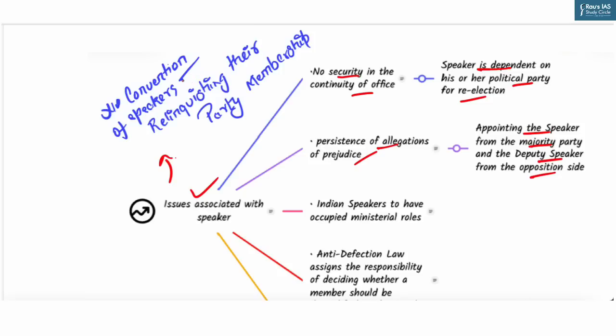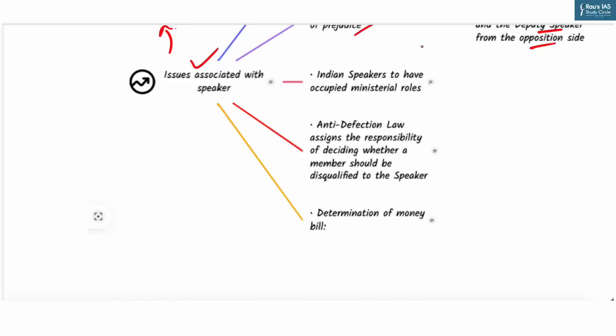Another issue is that there is no convention of Speakers relinquishing their party membership, and hence they are often perceived as being partisan. Next, it is common for Indian Speakers to have occupied ministerial roles shortly before or after their term. As a result, even if there is no evidence to substantiate such allegations, it is not unexpected for Speakers in India to be accused of partisanship.